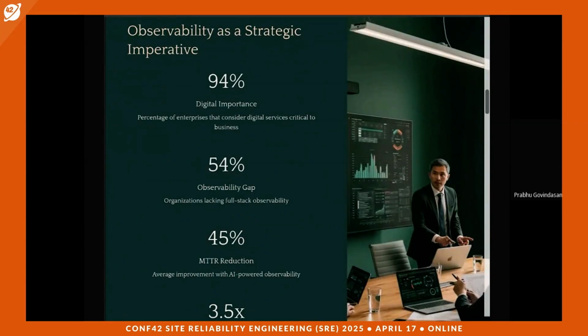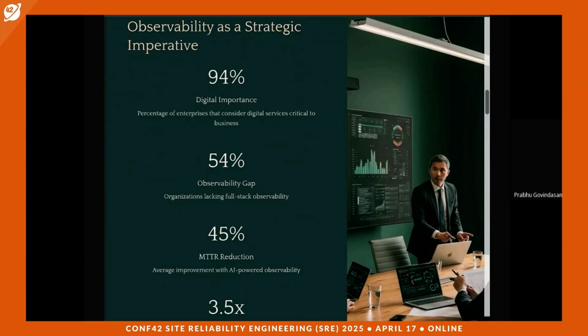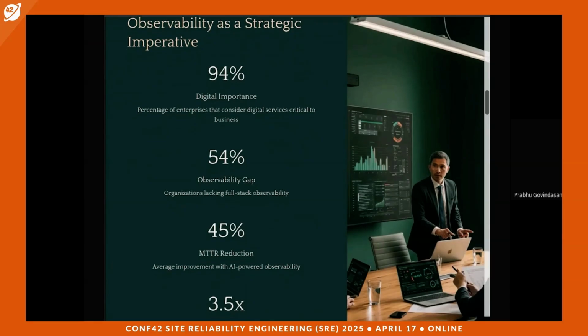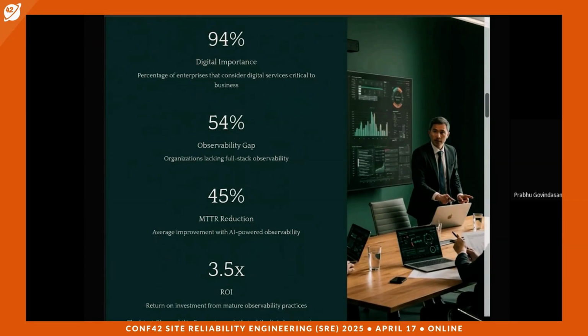Observability as a strategic imperative. Most, 94% of enterprises now consider digital services critical to their core business, reflecting how essential software and infrastructure are to delivering customer value. Yet, 54% of organizations still lack full stack observability.